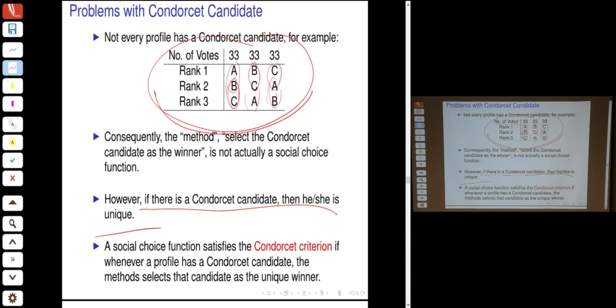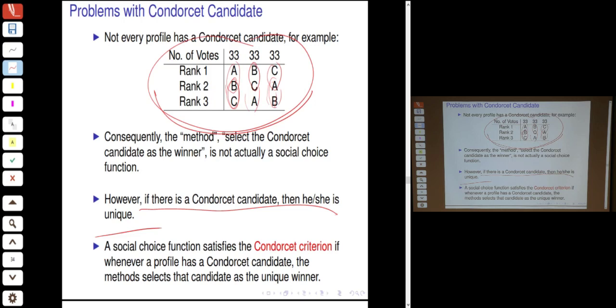Now you just consider the head-to-head matchup between A and B. Because A is a Condorcet winner, it must beat B by simple majority, right? On the other hand, since B is also a Condorcet winner, it must beat A by simple majority. So both of these is not possible. Okay? So if there is a Condorcet candidate, then there can be only one.